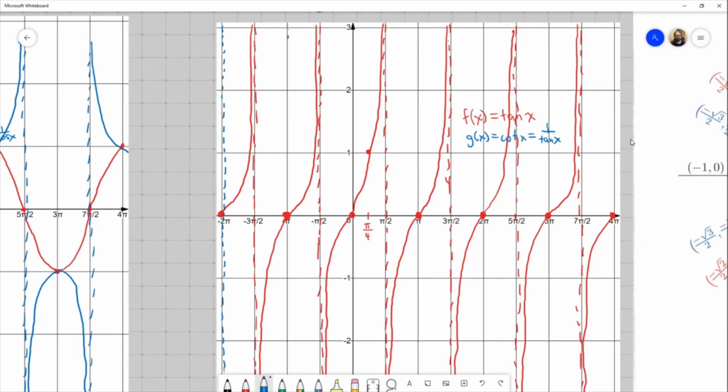Or, another way of thinking about this is that cotangent is cosine over sine. And so wherever sine is 0, cotangent is going to have a vertical asymptote.